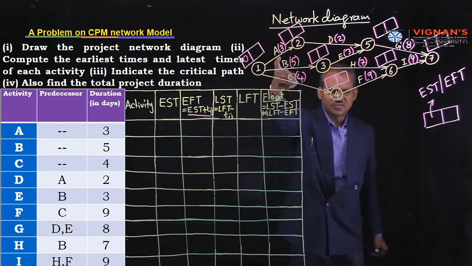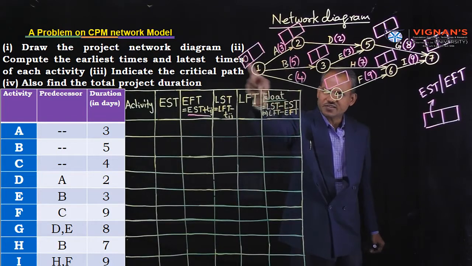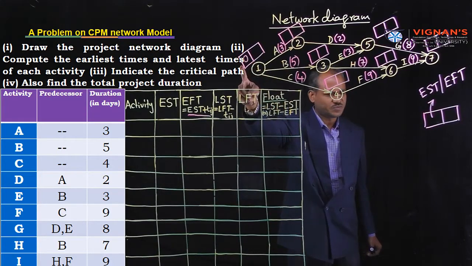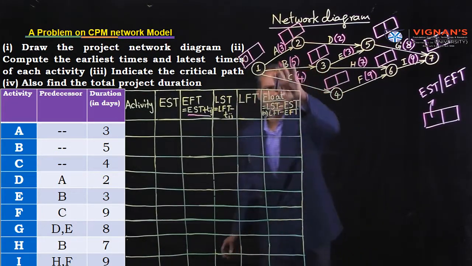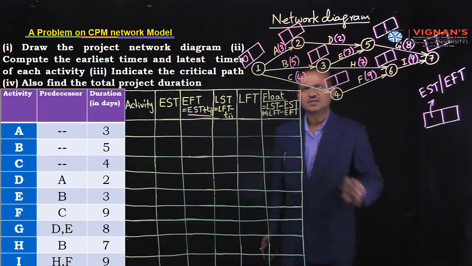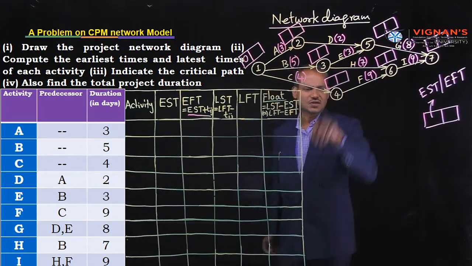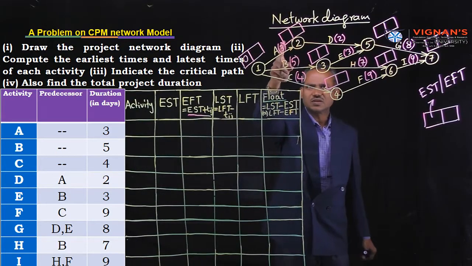What is the physical meaning? A activity, B activity, C activity, three activities are started at 0 days. That means starting time, 0 is the reference line. All are started in parallel. Next, move to node number 2 or event number 2.